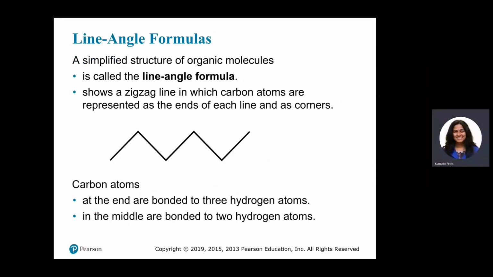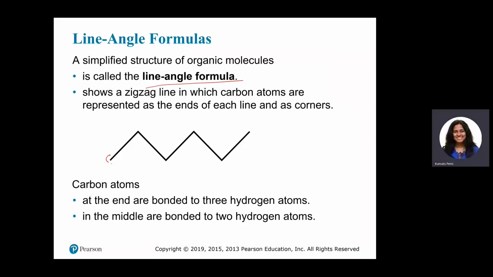A simplified structure of organic molecules is known as the line angle formula. It is a zigzag line. The ends and the corners of this structure have carbons.